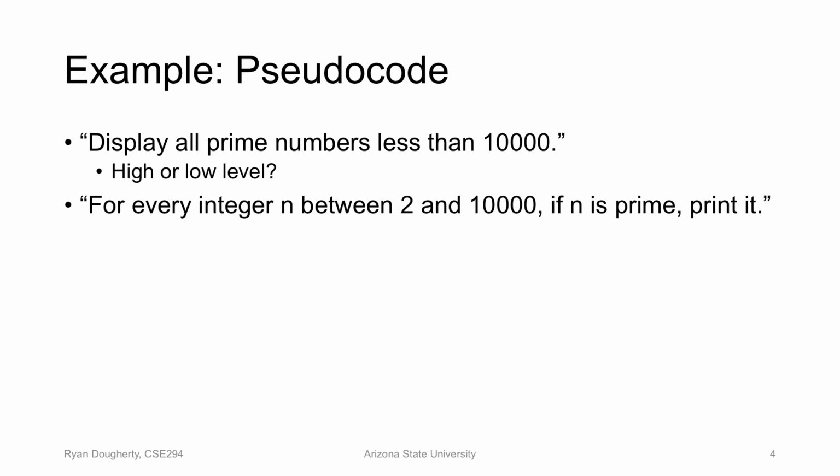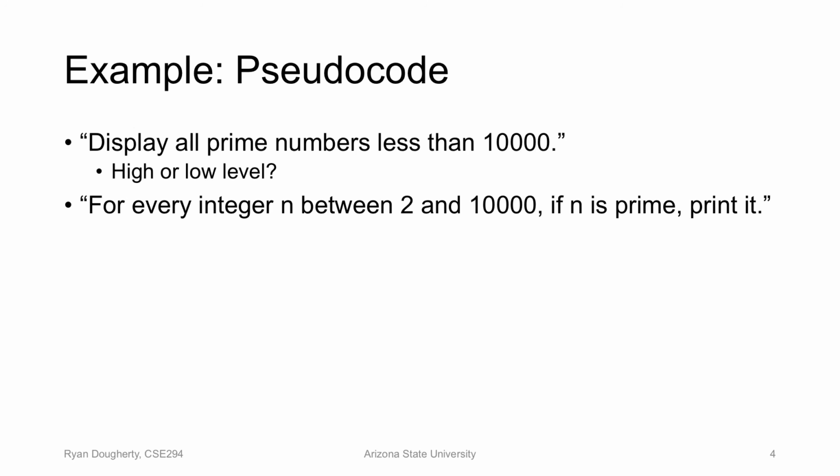What about this one? For every integer between 2 and 10,000, if it's a prime number, then print the number. So is that high or low level? Again, it depends on your perspective. It's definitely less high level than the first one, but it's not quite to the level where we can say, oh, there's some programming construct in there.